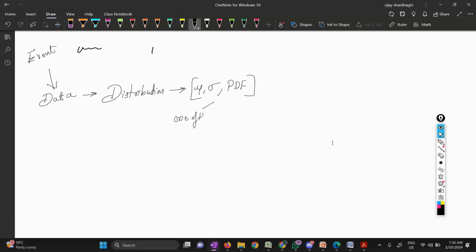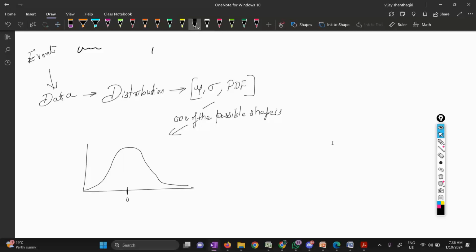Once we take this, one of the possible shapes is a nice bell curve.